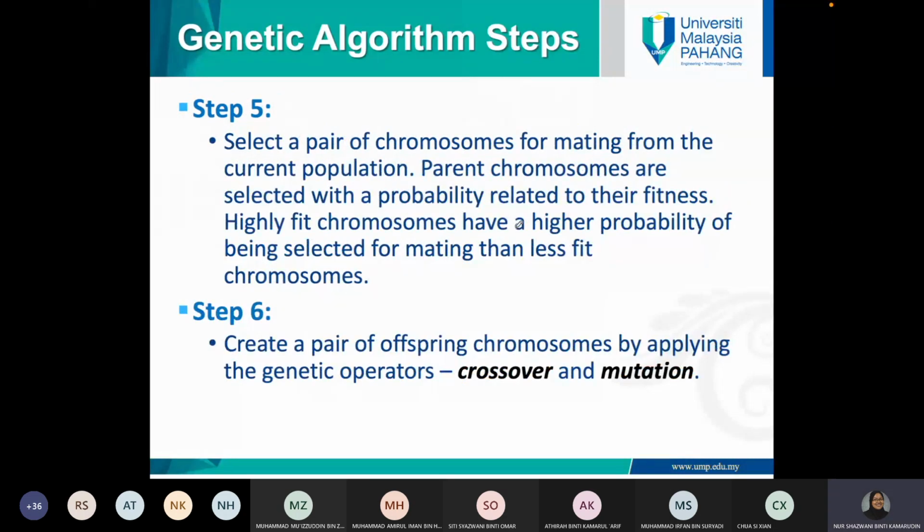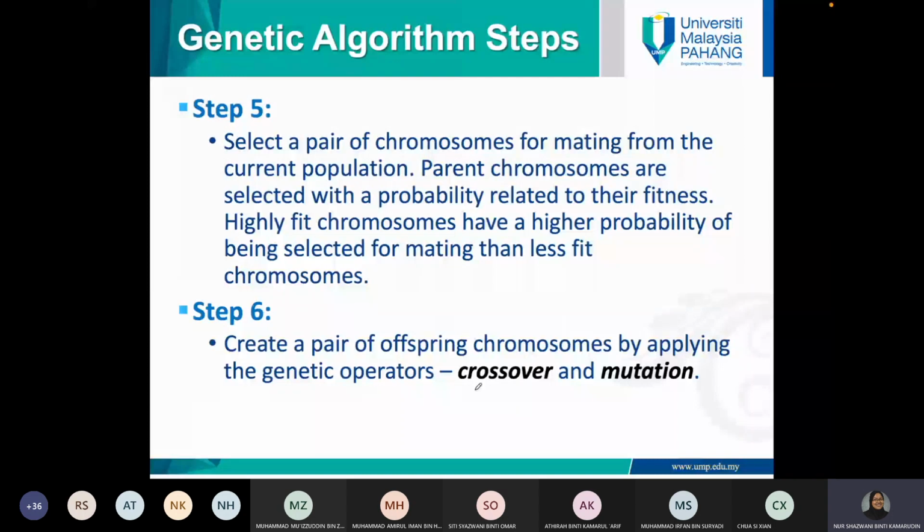So step 5, we select a pair of chromosomes for mating from the current population. We choose 2 chromosomes to do the reproduction. And then step 6, we create a pair of offspring chromosomes by applying the genetic operators, crossover and mutation.